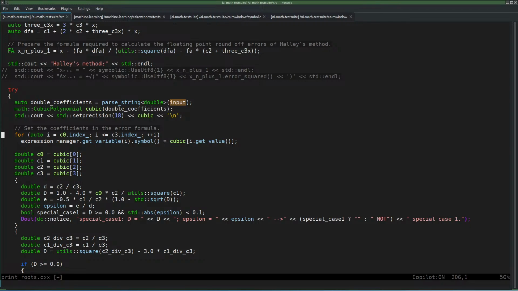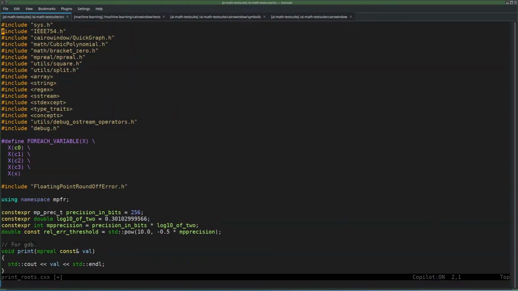And that is only the case because I put them in this order, C0, C1, C2, C3, at the beginning of this macro. But maybe sometimes, why would I not swap these or put X at the top or add another one at the top or something like that?